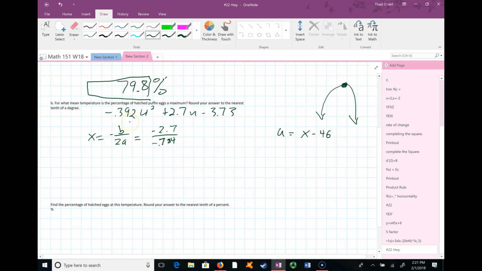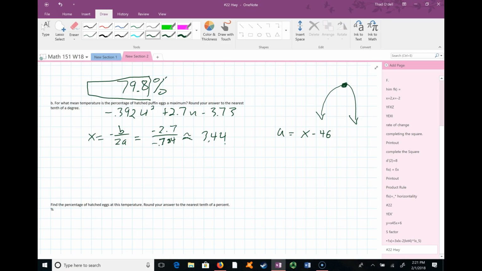That's just 2 times that. And that gives me approximately 3.44.